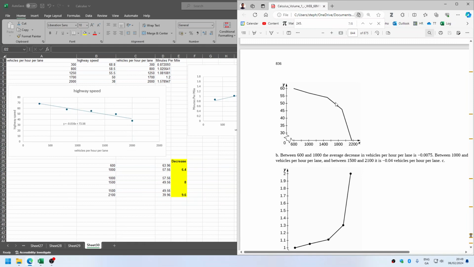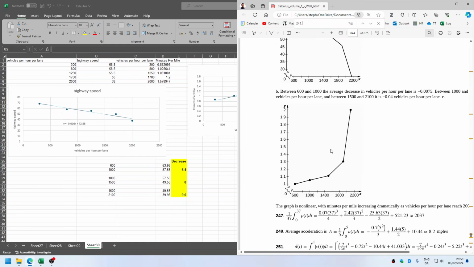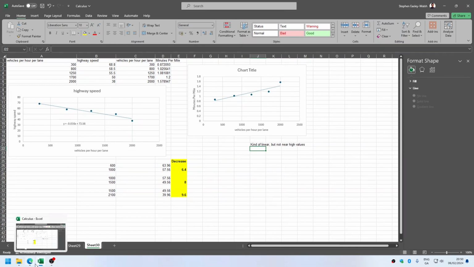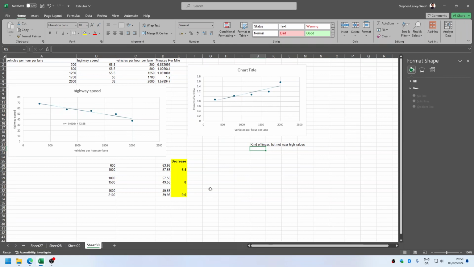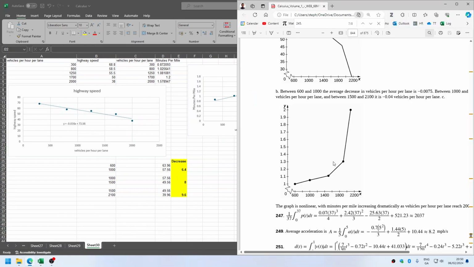For example, at 1800, I'm at about 45. It's pretty close, but I've missed the drop because I didn't use the last one, since there's no numerical value. I didn't feel comfortable using it. And this last graph shoots up, which is not quite apparent on mine, again because I didn't use the last one. It's not a great match, to be honest. I'm not too happy with the question, or with how I did here.